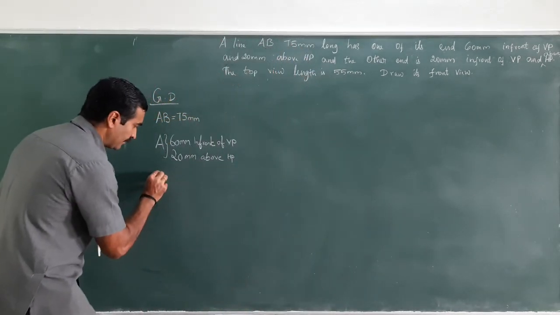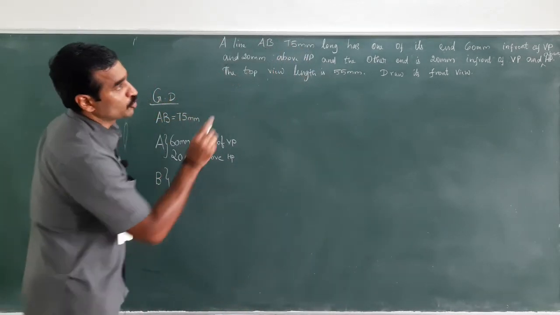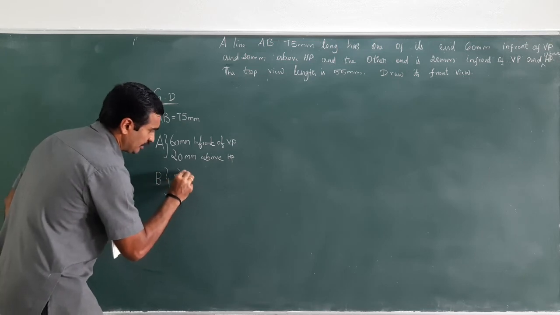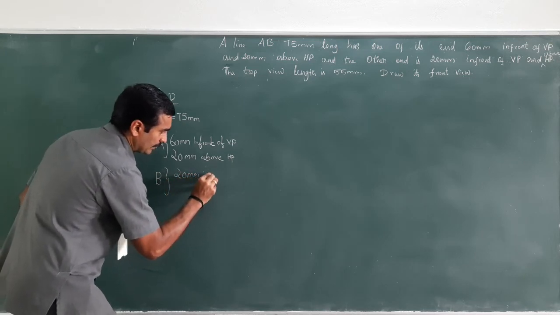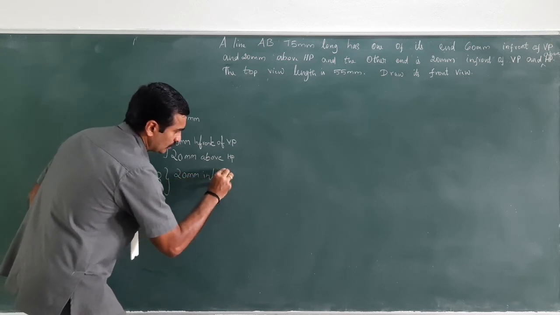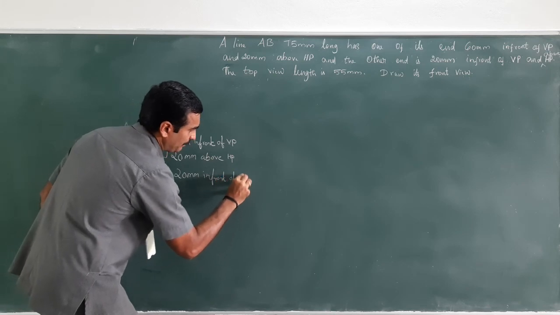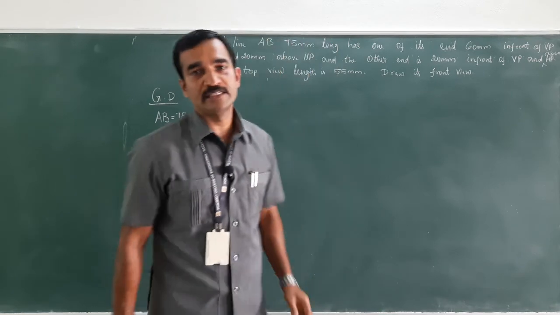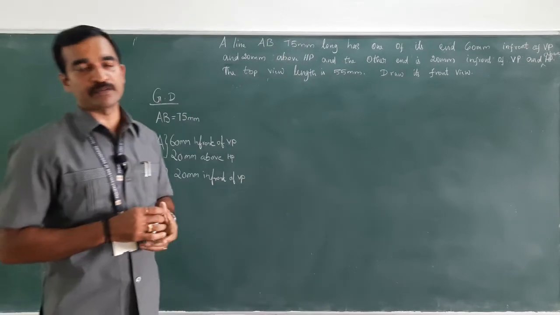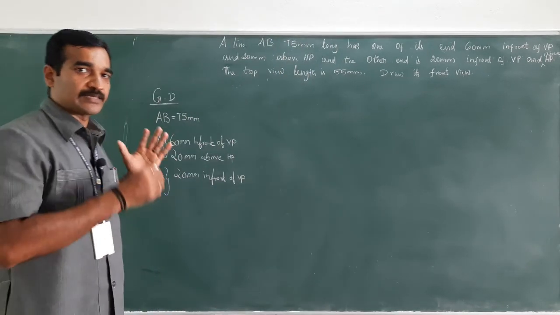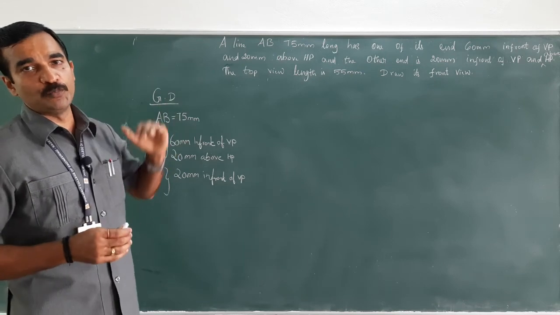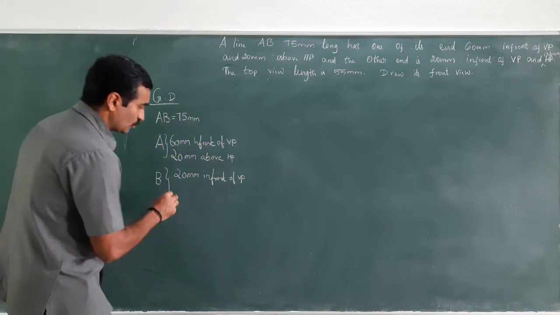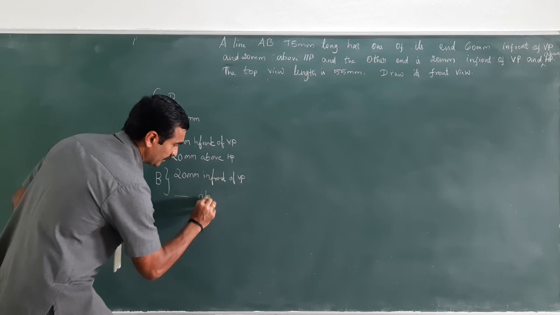So, B is 20 mm in front of VP and above HP. It is mentioned above HP, but the distance is not mentioned. Still, it is assured that the other point would be above HP, some distance above HP.